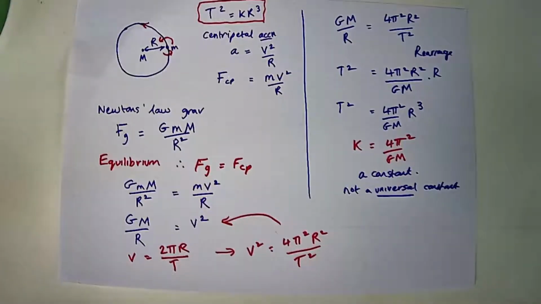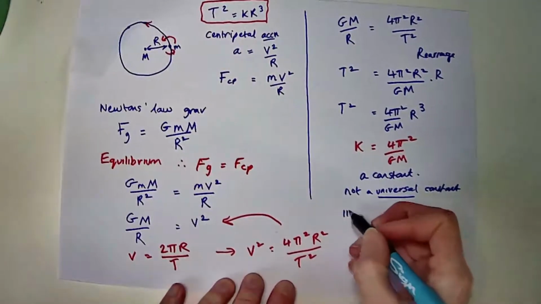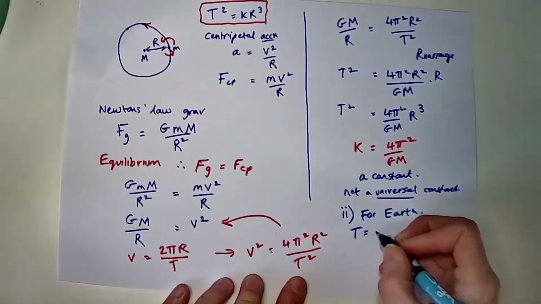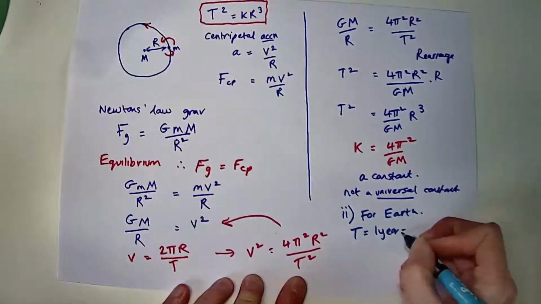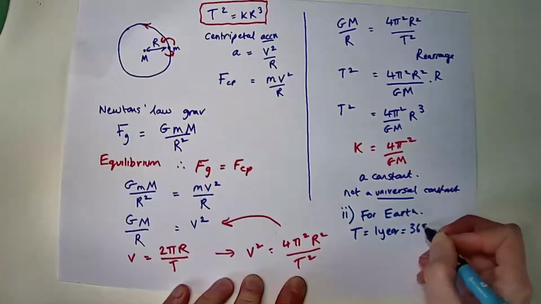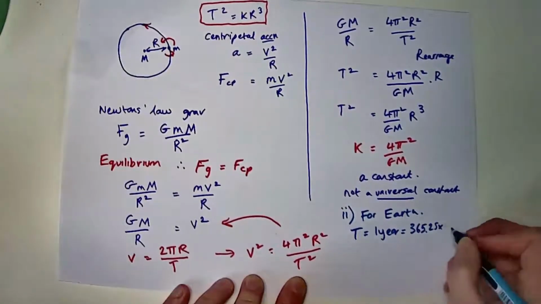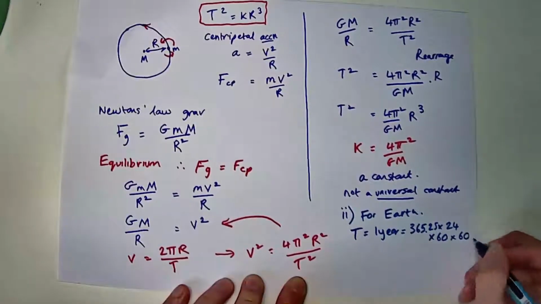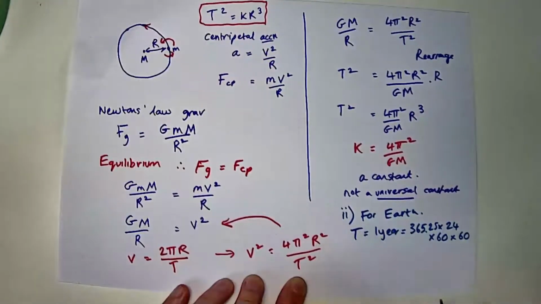The second part of this question, we're asked to find k for Earth's orbit. So we want to find T is 1 year, is 365 times 24 times 60 times 60, hours, minutes, seconds. So that's the value of T in seconds.